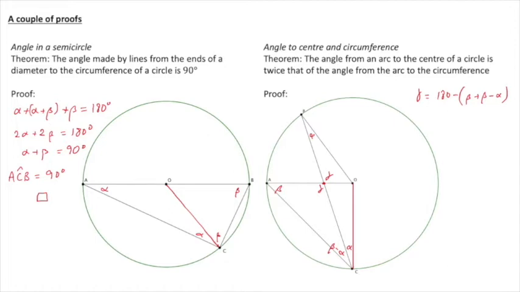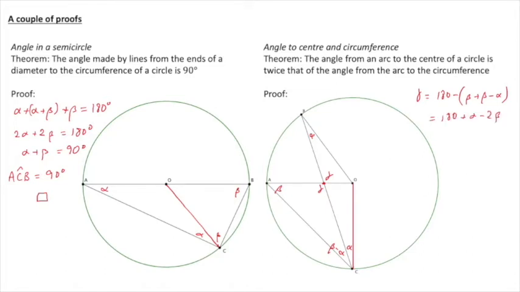Now in the triangle A to the red blob, which I should have given a letter, but never mind, A to the red dot to C, we have beta and we have beta minus alpha, and then what's left over is the gamma, so that means gamma must be 180, take away those two angles. So 180, take away the beta angle that's at A and the beta minus alpha angle that's at C, that gives us gamma.